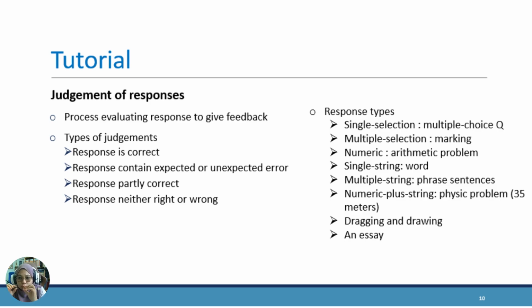Single words, where you need your user to enter the words, or enter the equation or answer in text. And then multiple strings, phrases such as sentences, numerical plus string, physical problem, dragging and drawing, and essay. All of these responses you can use to set in your tutorial.